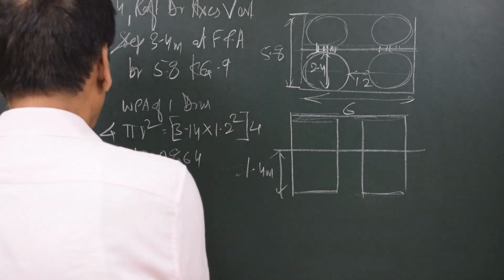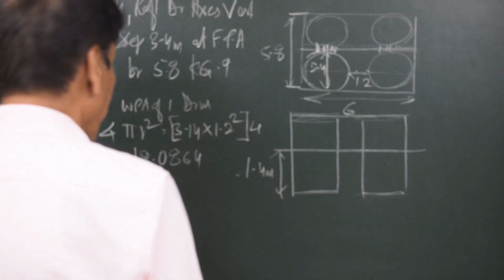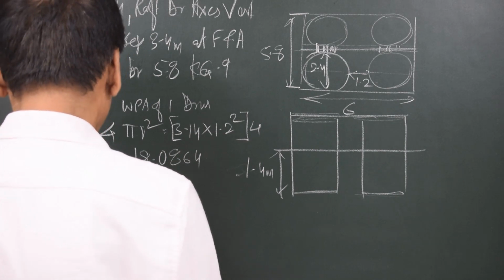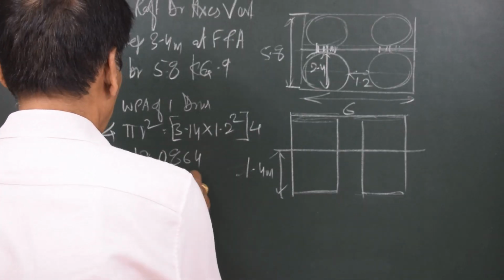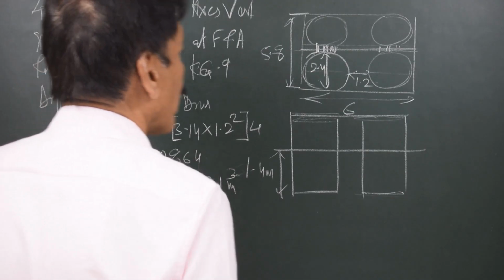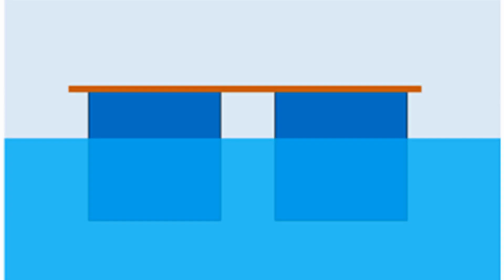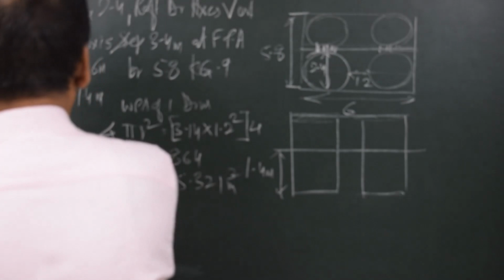So underwater volume will be total waterplane area multiplied by draft, so that is 25.321 meter cube. Okay, so this is the underwater volume. We'll make a note of underwater volume.